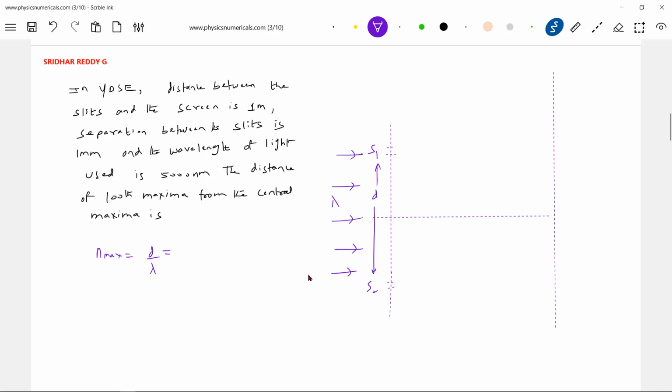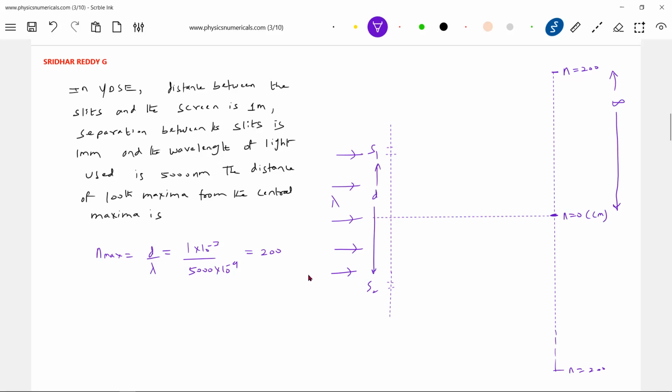The distance d is 1 millimeter, lambda is 5000 nanometer, so we get 200. The total number of n max means the 200th maxima will be here. And similarly below the screen, symmetry, because here also 200. This will be at a distance of infinity. This will be central maxima, n equal to 0.